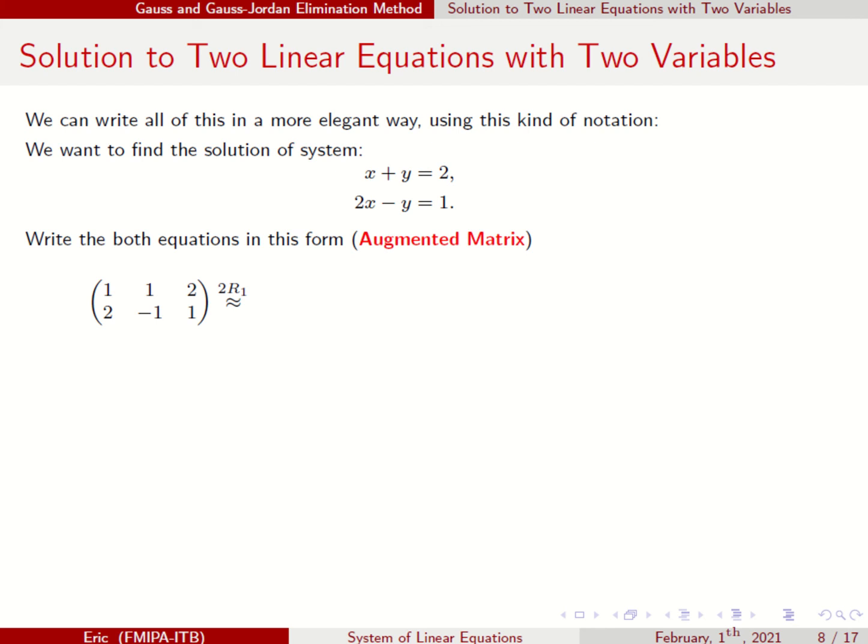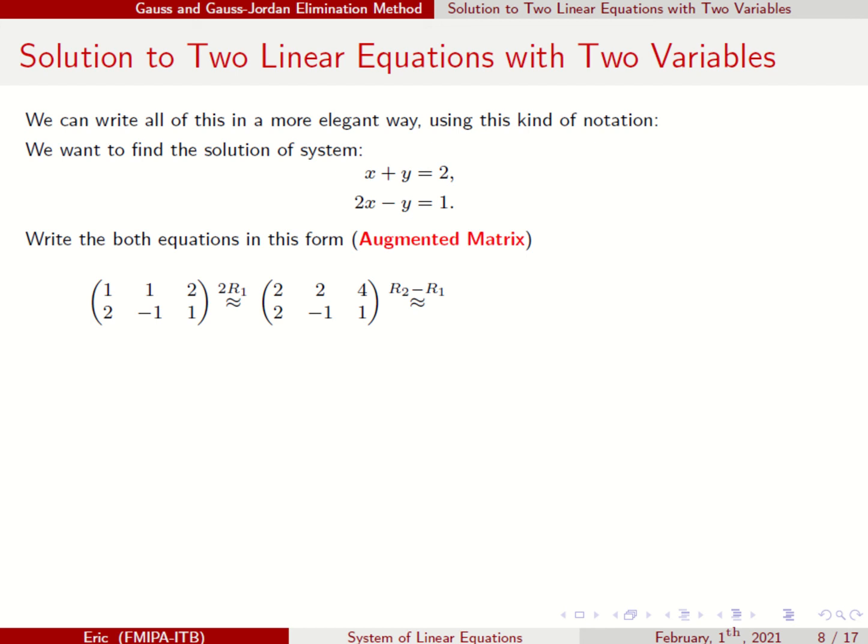Don't forget this is equivalent to this. It means if you change this, the solution doesn't change, because you use the elementary row operation, and elementary row operations don't change the solution of the system of linear equations.